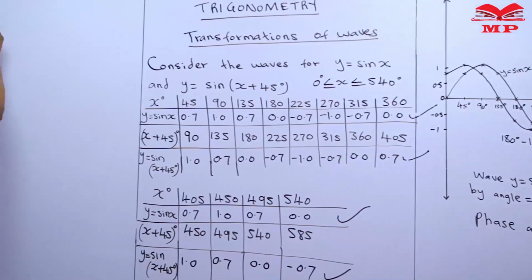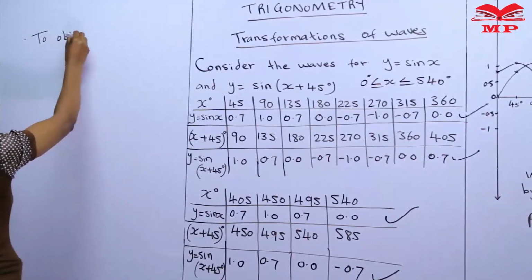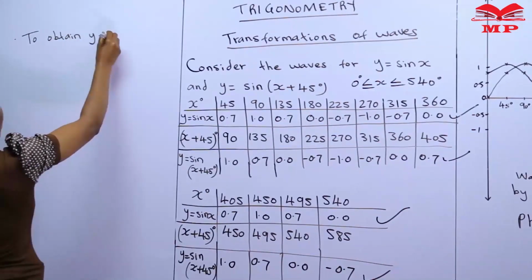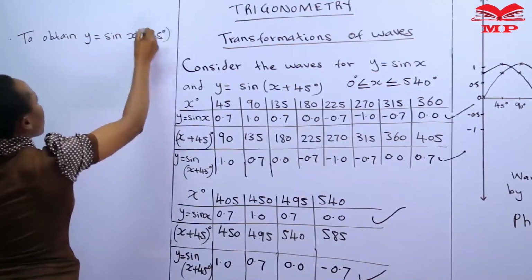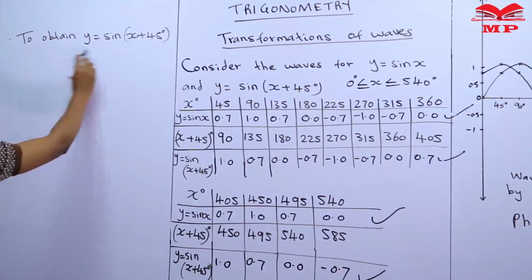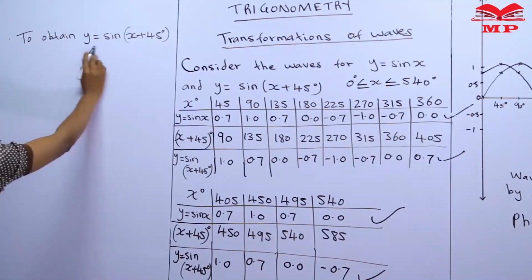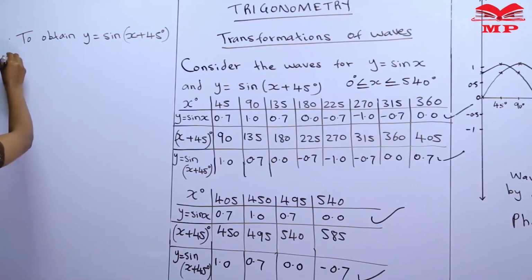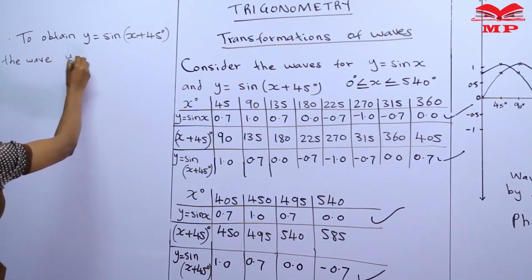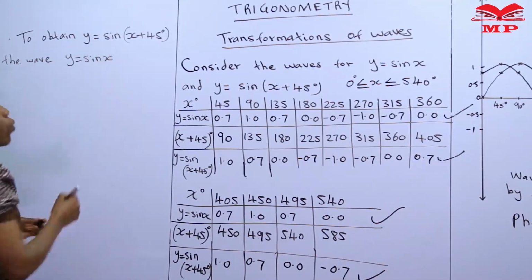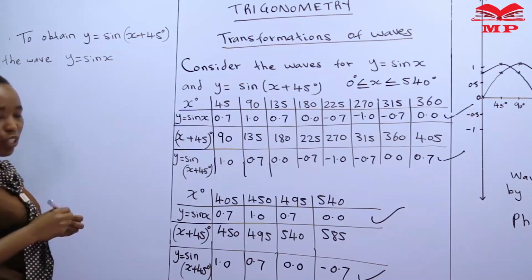to obtain this wave, y is equal to sine x plus 45 degrees, the wave y is equal to sine x will undergo a translation.